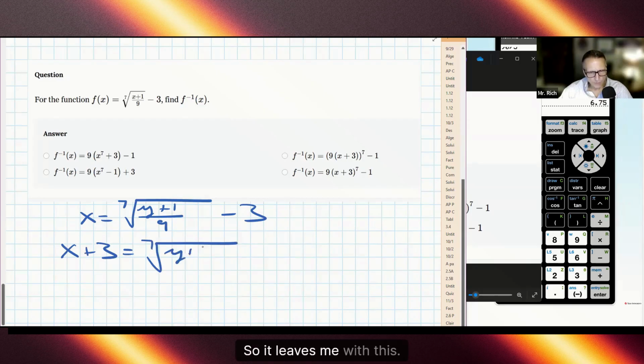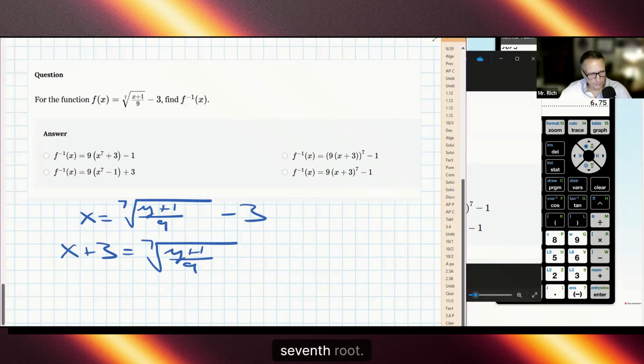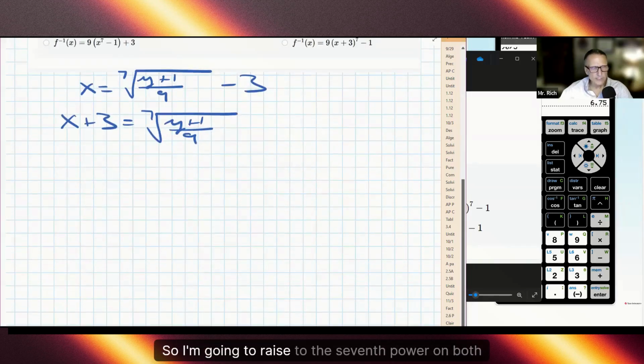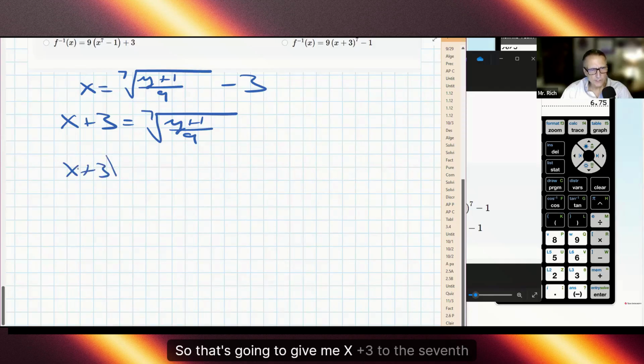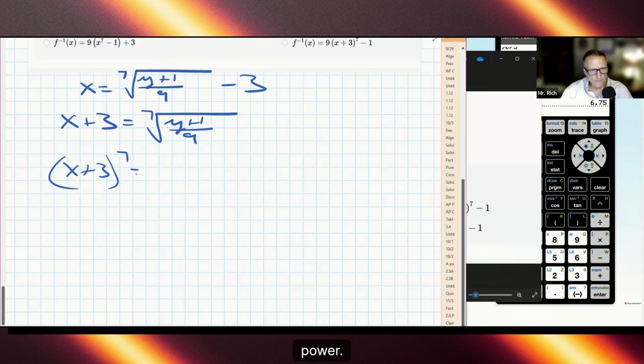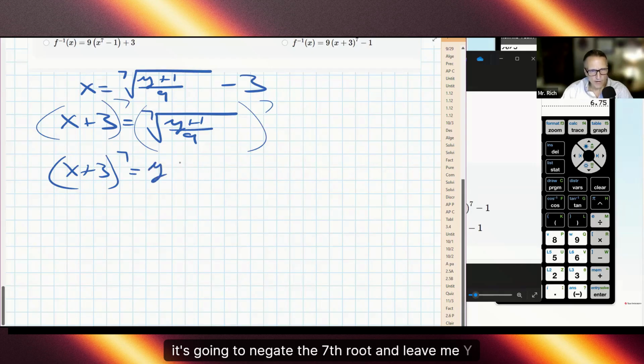So it leaves me with this. The next thing I got to do is get rid of the 7th root. So I'm going to raise to the 7th power on both sides. So that's going to give me x plus 3 to the 7th power. And when I raise that right side to the 7th power, it's going to negate the 7th root and leave me y plus 1 over 9.